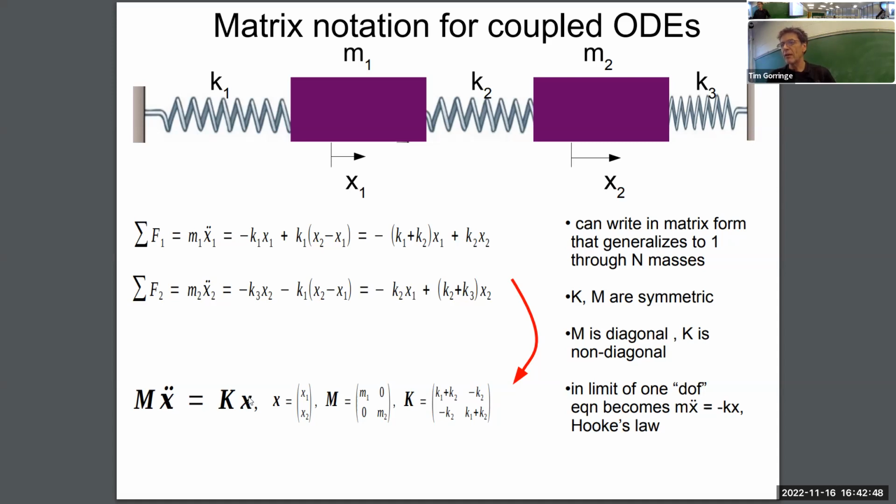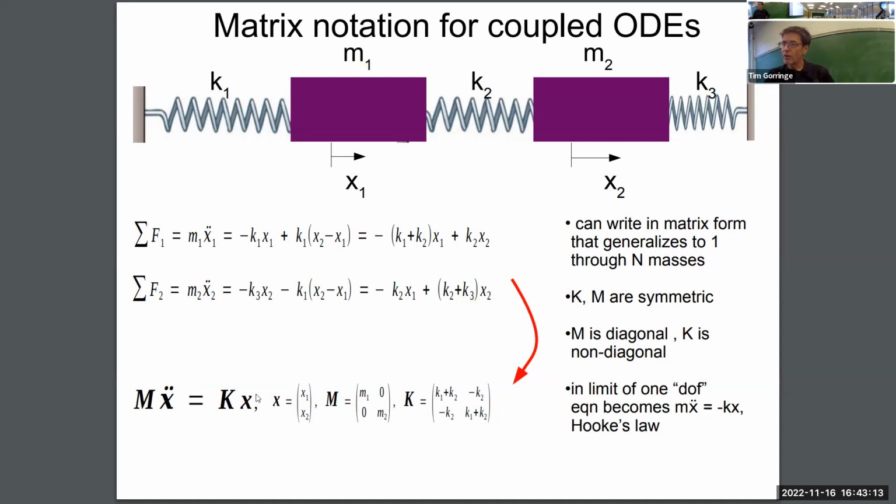You see the x coordinates themselves, that's the x. The m and the k are the mass matrix and the spring constant matrix. And the x is a column vector that contains the two positions of the two masses.